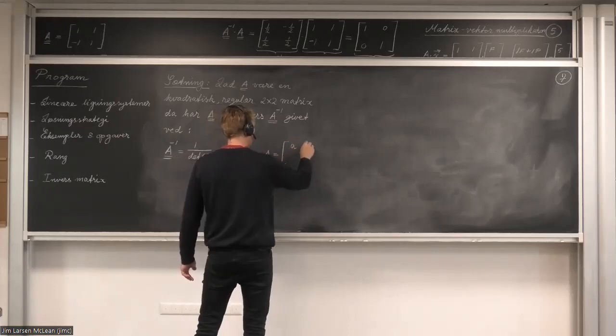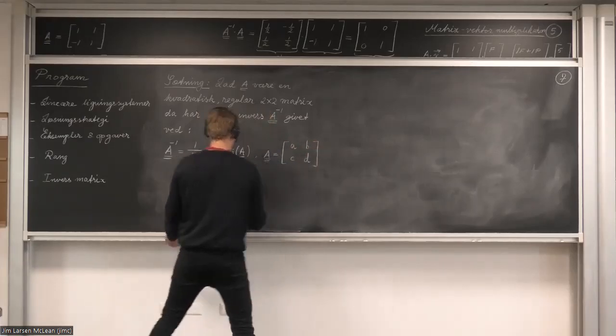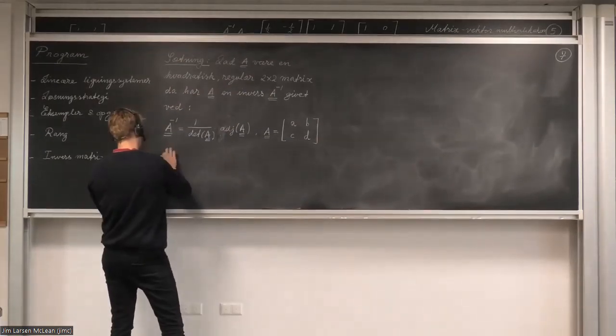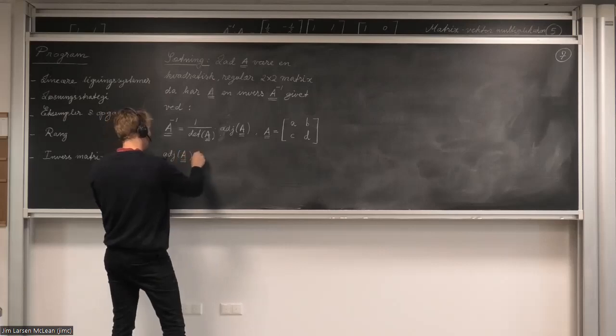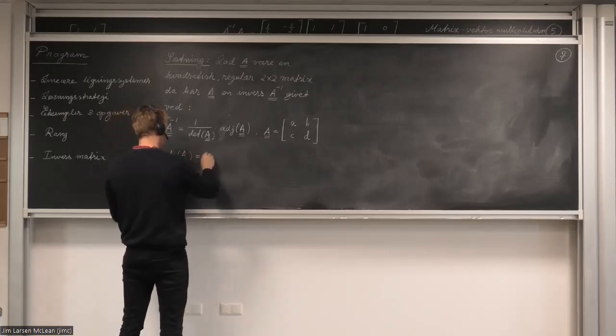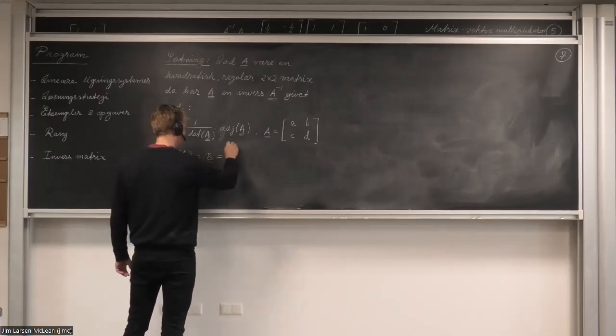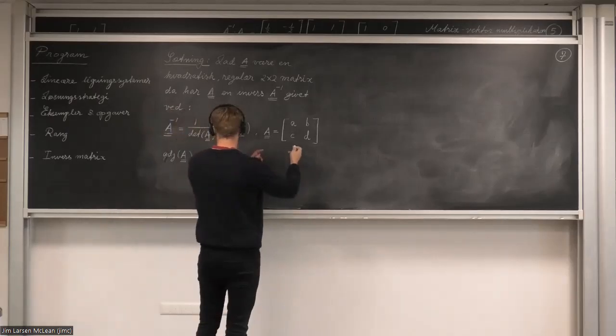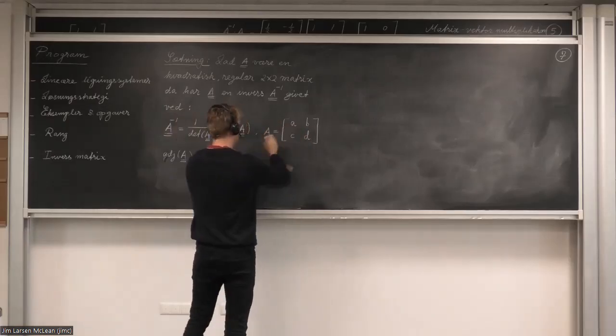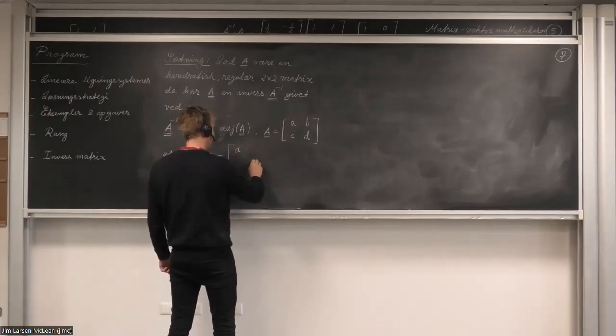A, B, C, D. The adjugate of matrix A looks like this. It's called a B in the proof because it's a bit easier to write. You just switch those two around, and I write D and A there.